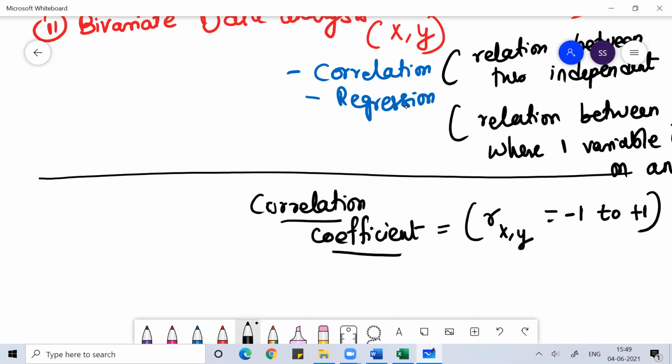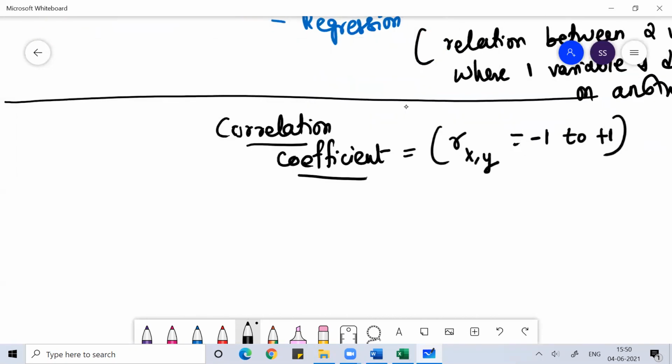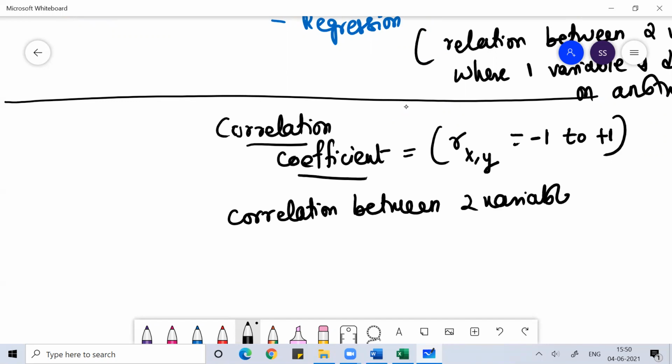Whenever we find a correlation between two variables, the mathematical value you get is called the correlation coefficient, and that value is between -1 and +1. So the correlation between the two variables can be negative or it can be positive. It can be a positive correlation.